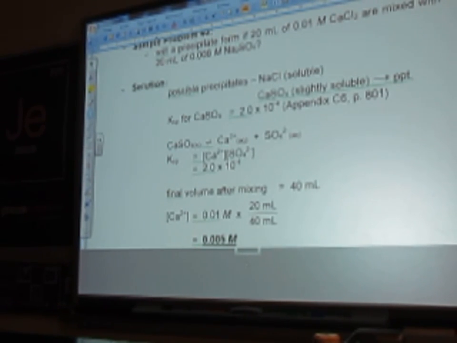Everybody okay with that? Do the same thing with sulfate. Go ahead. See what you get. Any questions, please ask now.